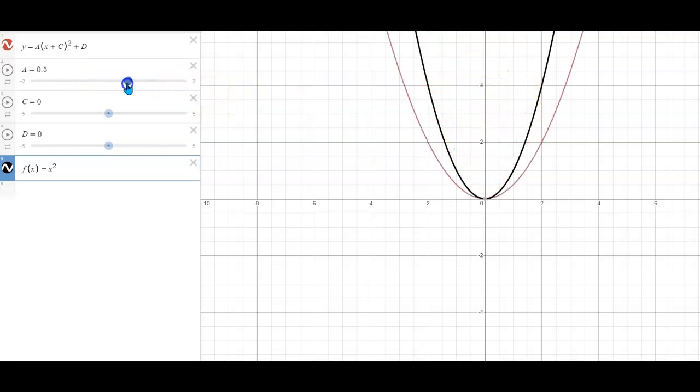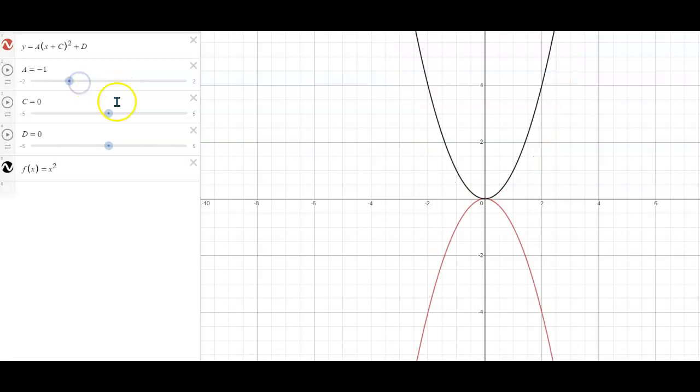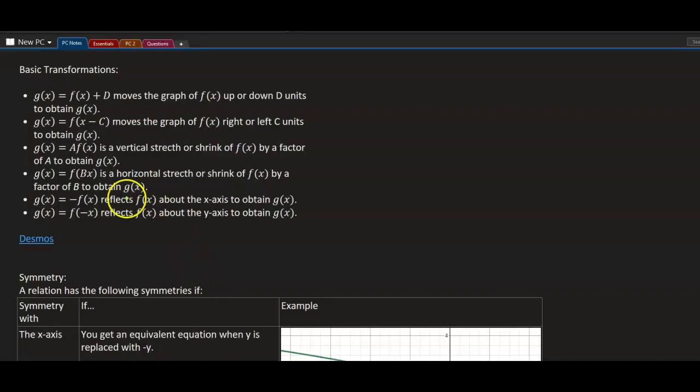If it is 1/2, it is compressing it, or shrinking, I think is the terminology we're using. Then you can see that if I have a negative value out here, it takes this graph and flips it. So what's that talking about? That's talking about this kind of reflection here.